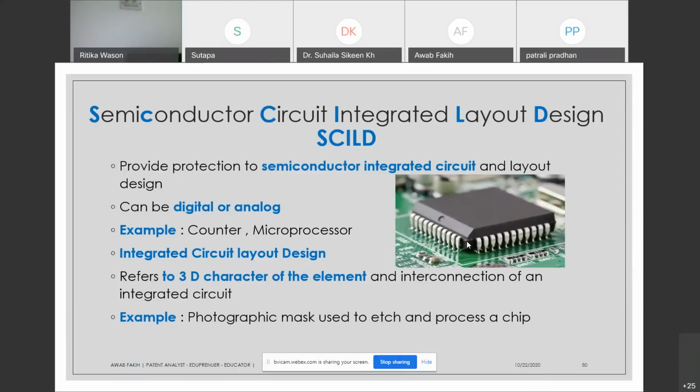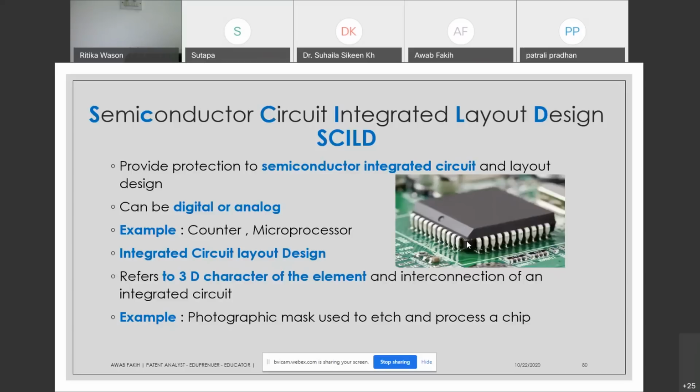The creation of a circuit and its layout design has been given a separate category of protection under IPR. The smaller the size of an integrated circuit, the less material is needed for its construction, and the smaller the space needed to accommodate it. This condition requires lots of effort by technical people, so protection of these efforts has become important.